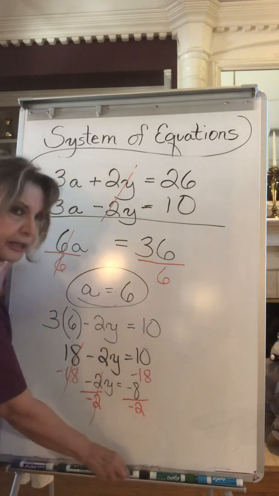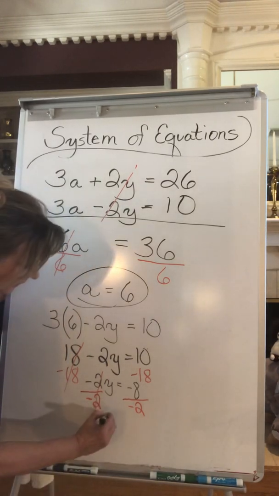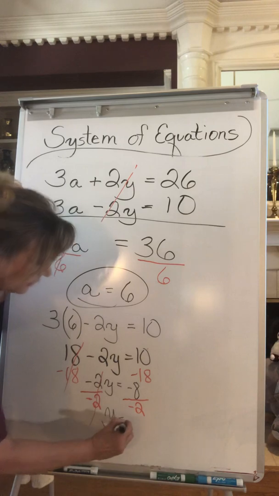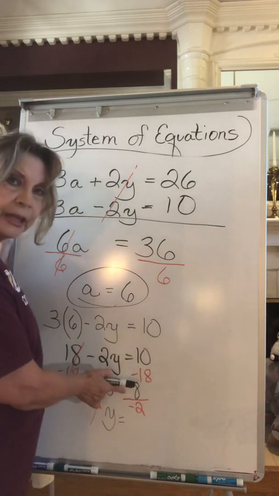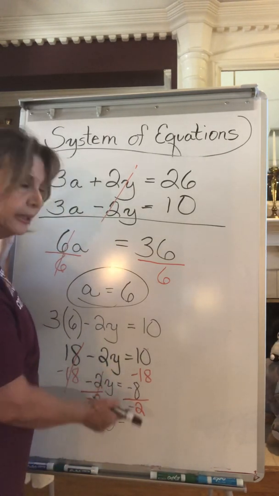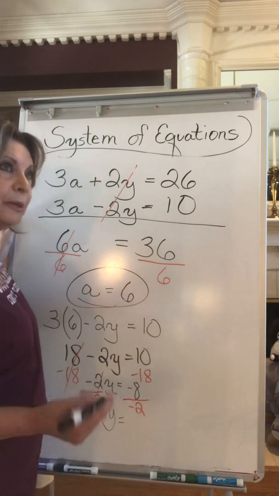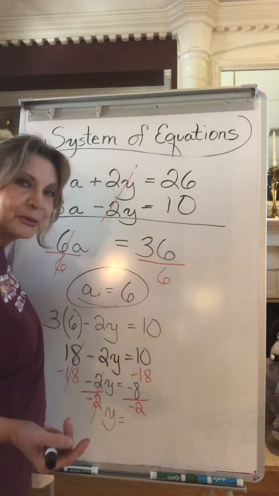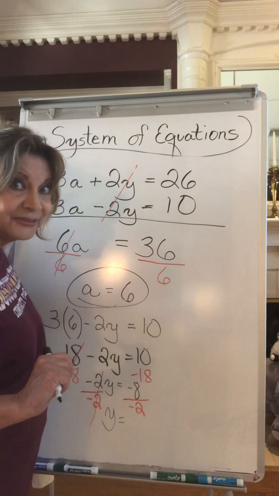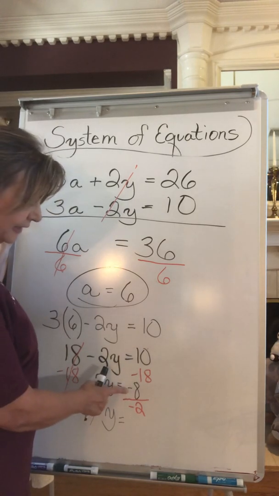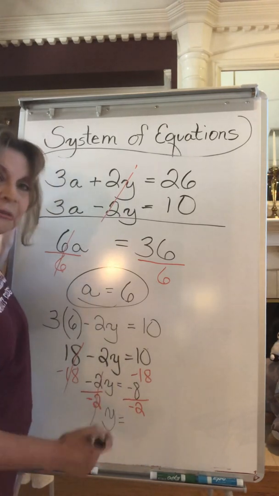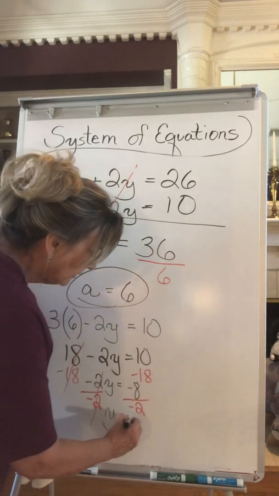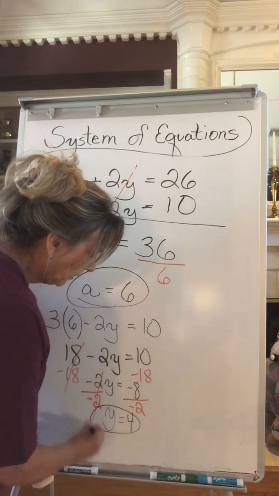Okay, now I have my y isolated. So y is going to equal negative 8 divided by negative 2. Remember, two wrongs make a right if you multiply or divide by negatives. So, negative 8 divided by negative 2 gives me a positive 4.